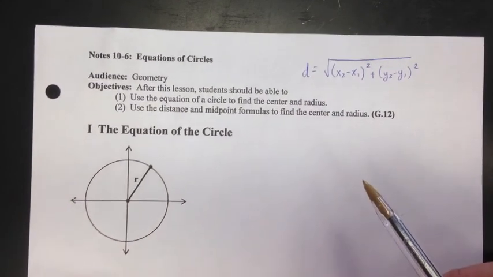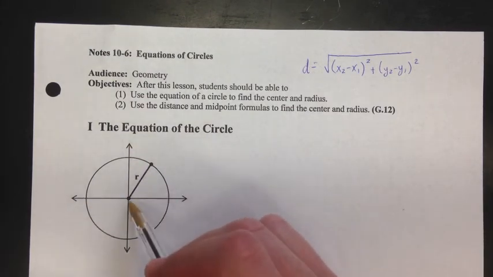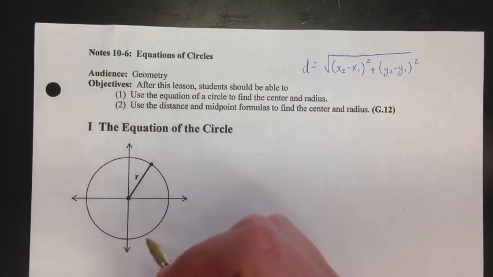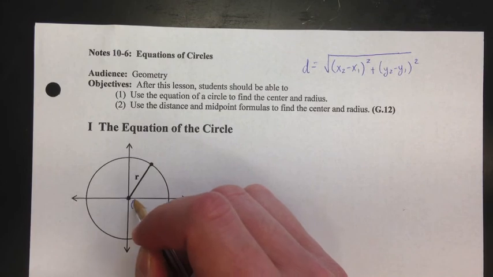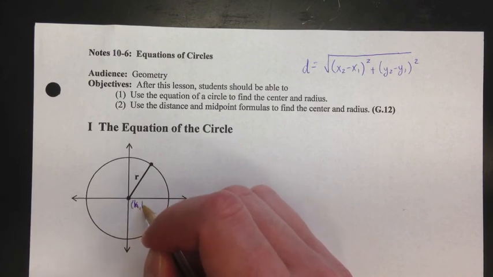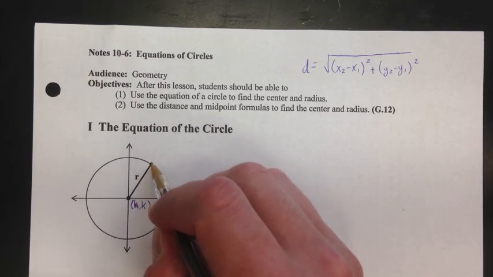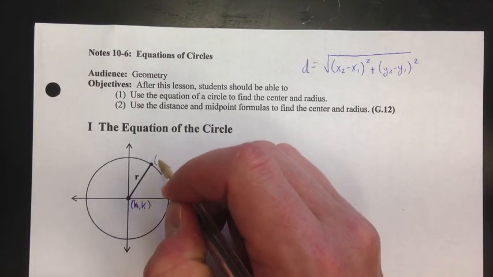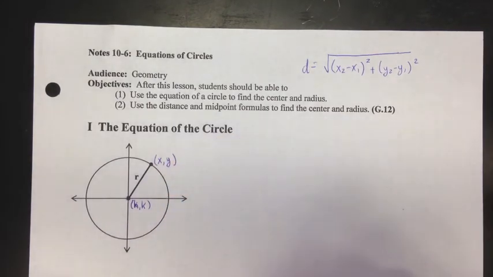So for the equation of a circle, the way I've drawn this, it looks like 0, 0 for the center, but let's assume that could be any coordinate pair. I'm going to call it h comma k for the center. The other endpoint of the radius, where it hits the circle, we'll call x comma y.